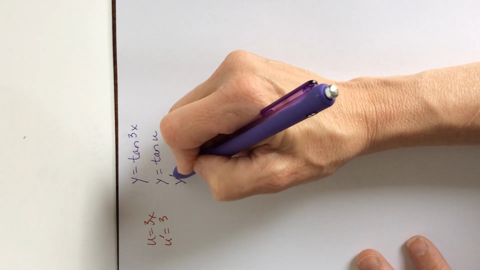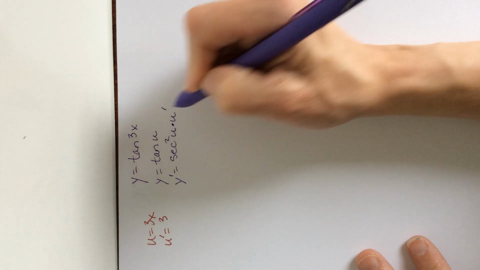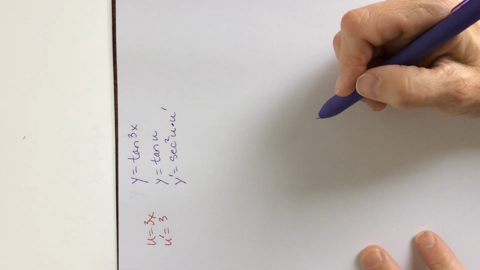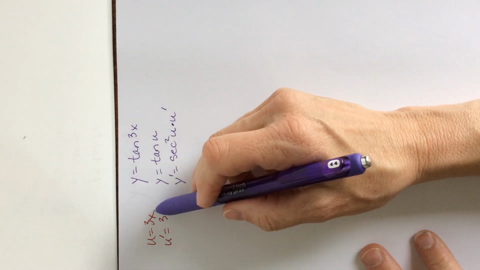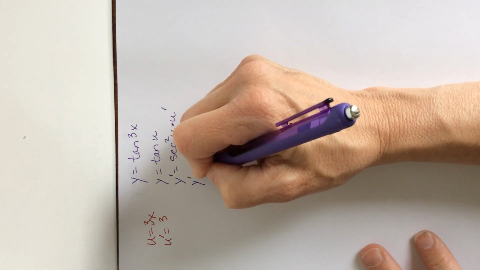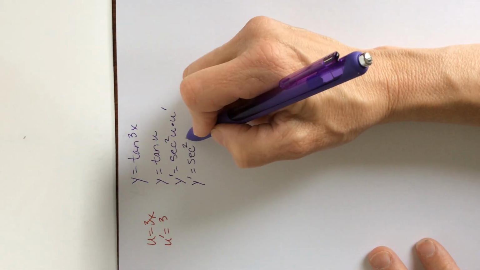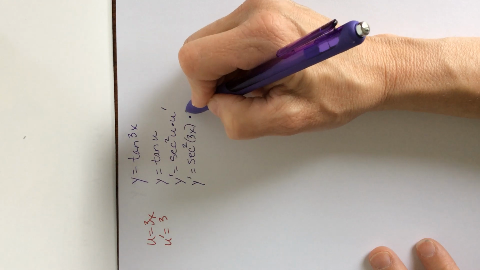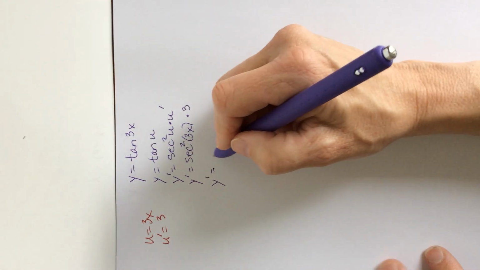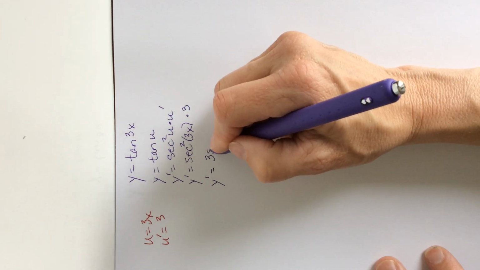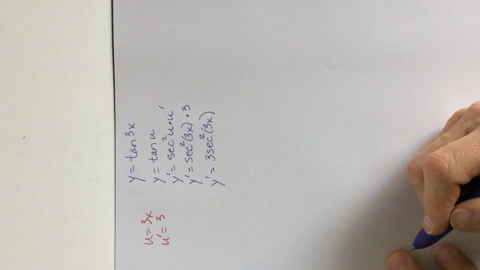The derivative of that then will be secant squared u times u prime, and therefore replacing u and u prime with 3x and 3, we end up with y prime equals secant squared of 3x times 3. And so y prime then would equal 3 times the secant squared of 3x.